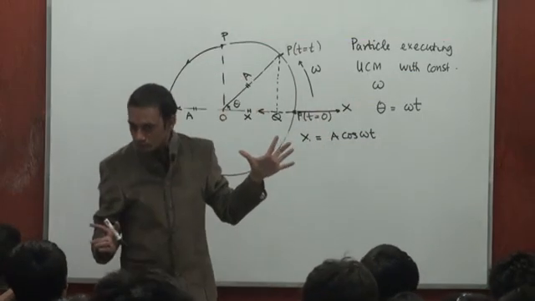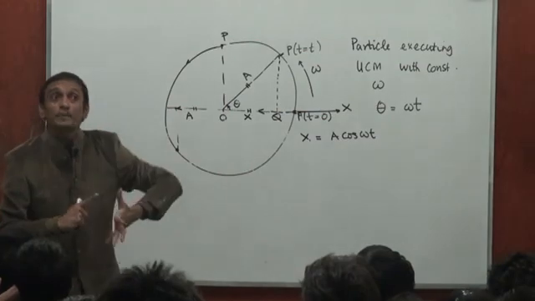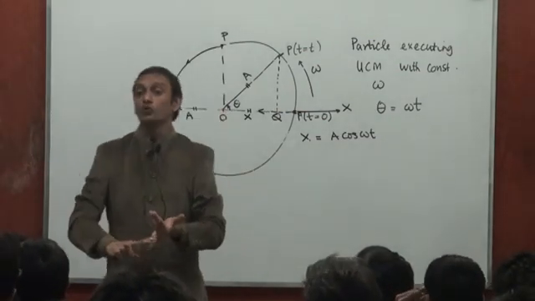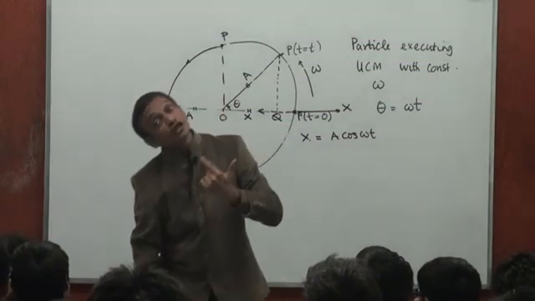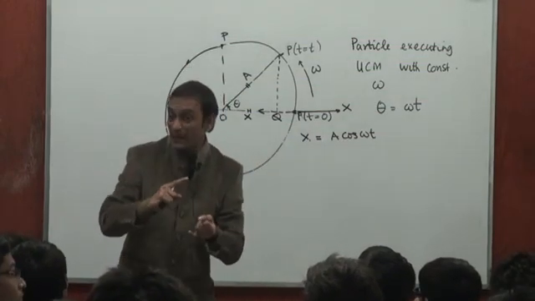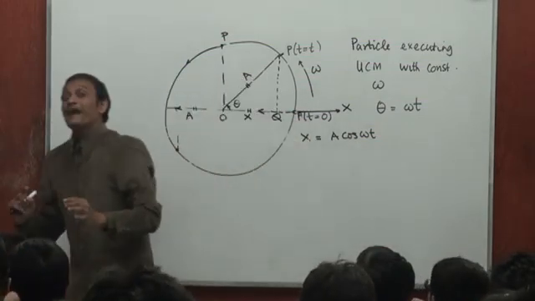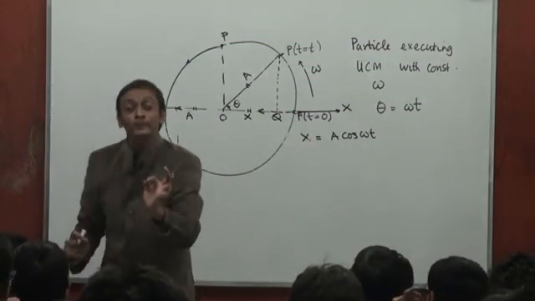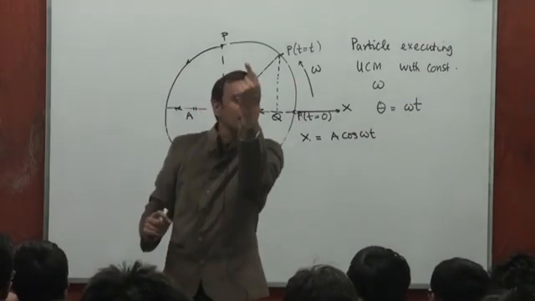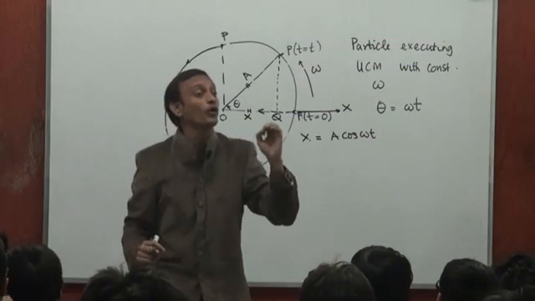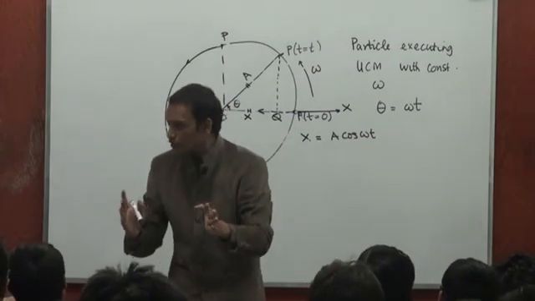So, depending on the position of Q between these two extremities of the diameter and the direction in which Q is heading, you can uniquely identify the corresponding point P on this circle. Yes or no? Right?